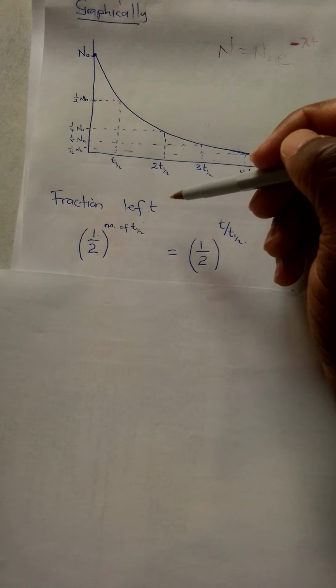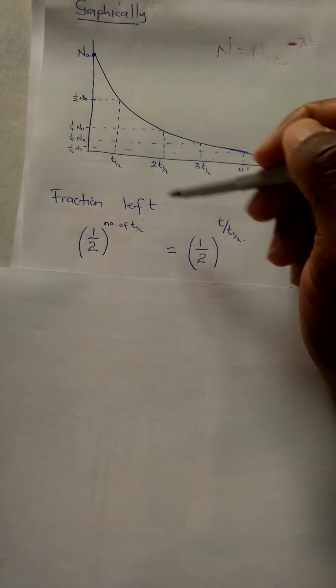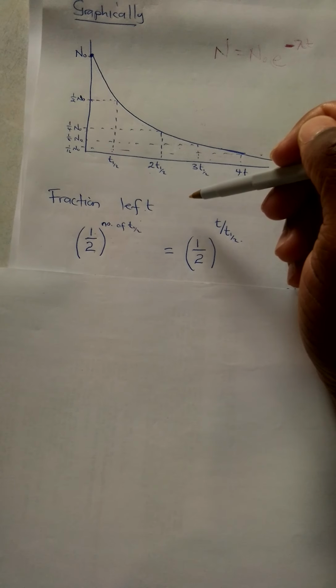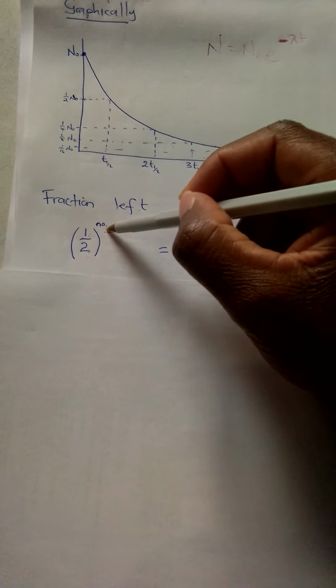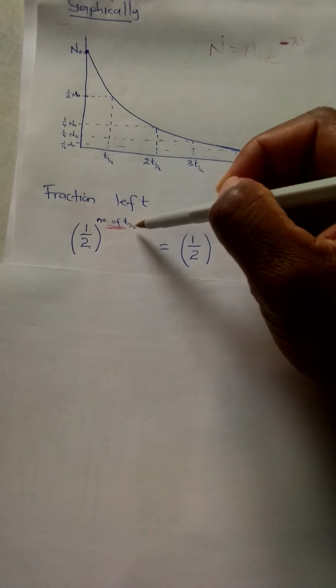So what I'm going to do here, I'm saying how many half-lives are there after time t. So I'm going to say half to the power the number of half-lives. So this is the number of half-lives, number of t halves. But how do you know the number of half-lives?